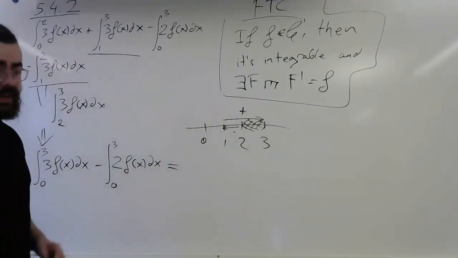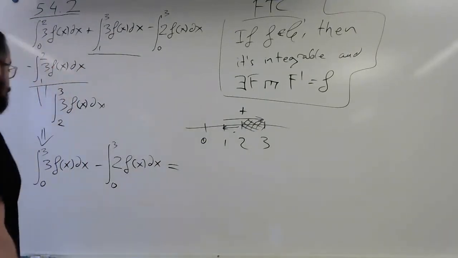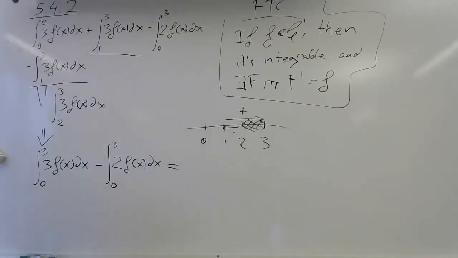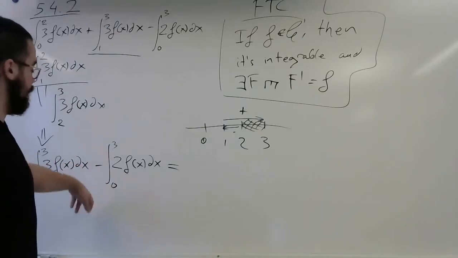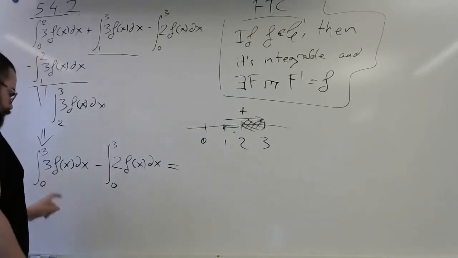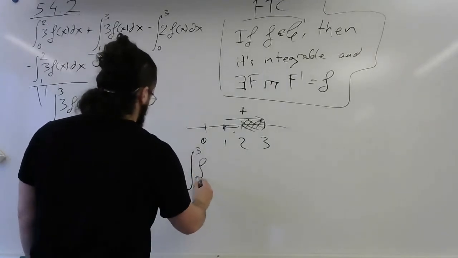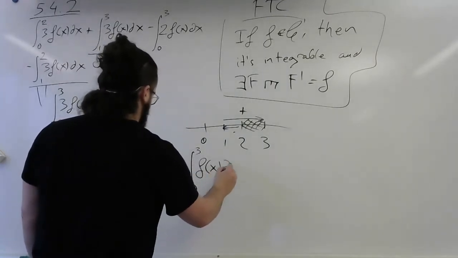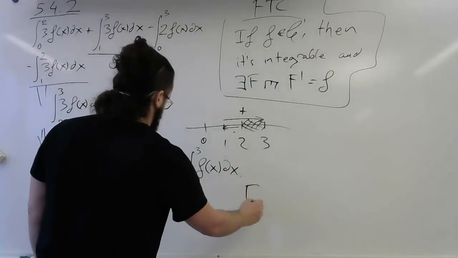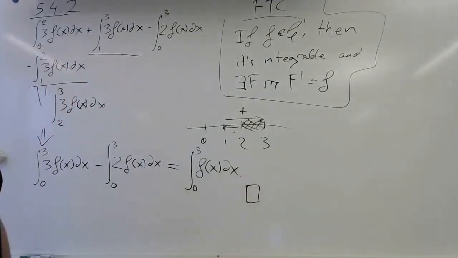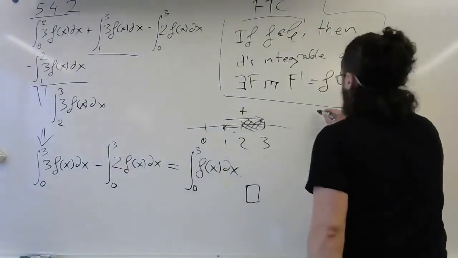And one of the fundamental properties of the integration operator is that it's linear, which means the integral of 3f of x minus the integral of 2f of x in the same interval is this thing right here. I'm going to write it down here.